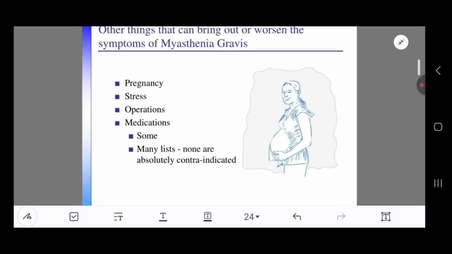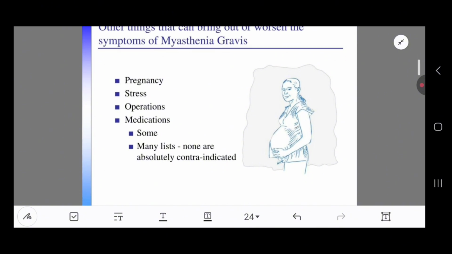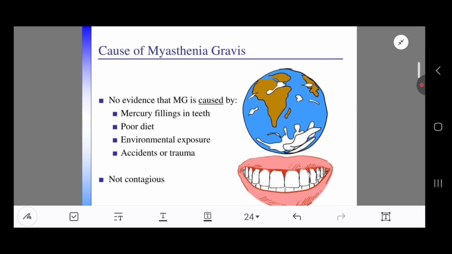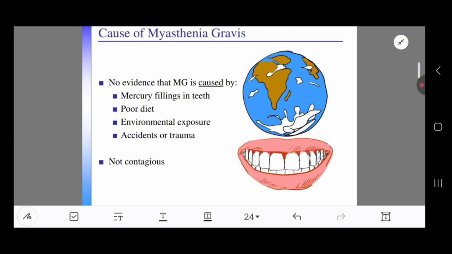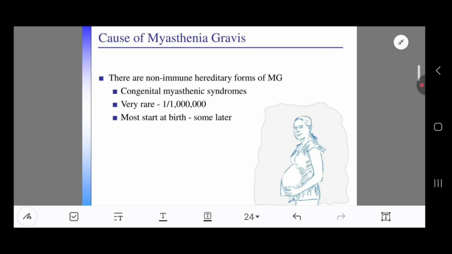Other things can bring on or worsen the symptoms of myasthenia gravis: pregnancy, stress, operations, and medications. There are also non-immune hereditary forms of myasthenia gravis, called congenital myasthenic syndromes. They are very rare, about 1 in a million. Most start at birth, some later.